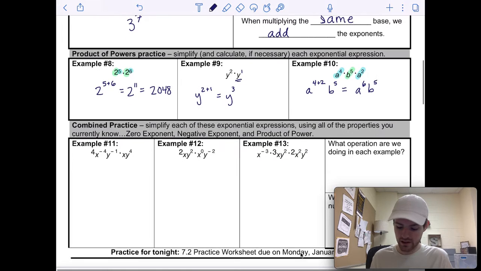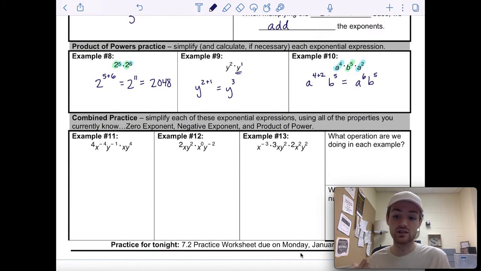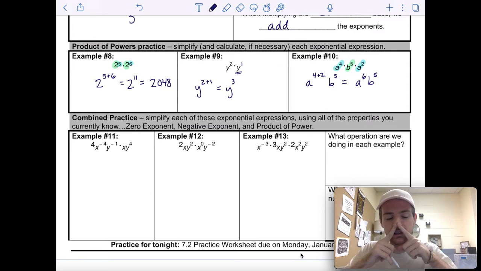Now, these next 3 examples, these last 3 examples really, get a bit trickier. They add some extra elements, like negative exponents or 0 exponents. Here's what I'll say before I send you to work on these.